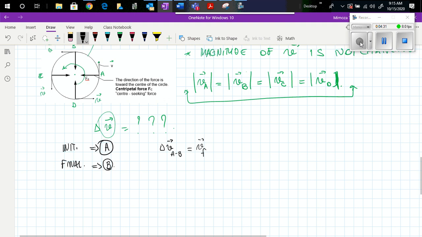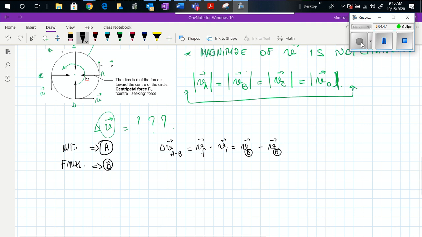And our final is B, so it will be the velocity at point B minus the velocity at point A. Are we okay up to here?